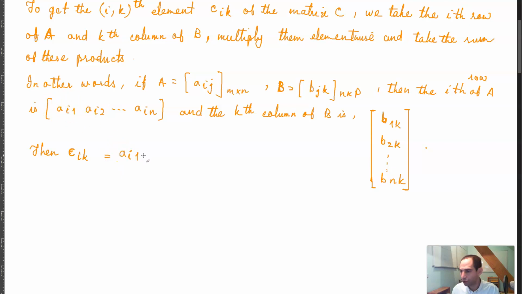So this is going to be equal to, starting from here, A of i1 times B of 1k, plus A of i2 times B of 2k, plus A of i3 times B of 3k, and you can go all the way up to A of in times B of nk, right?